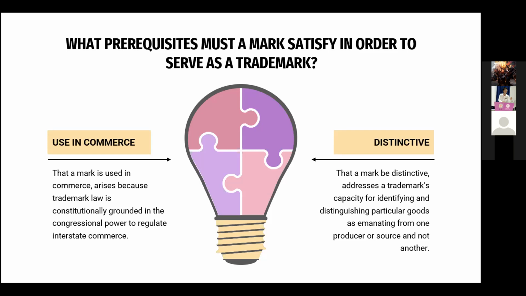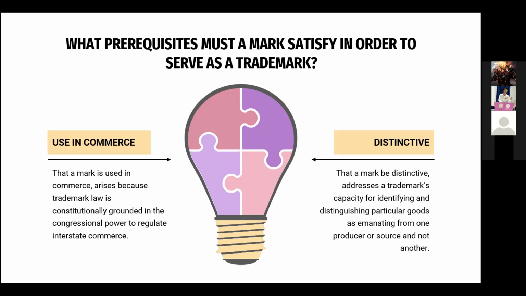The second, it must be distinctive. For a mark to be distinctive, it must have the capacity for identifying and distinguishing a particular good as emanating from one producer or source and not another.